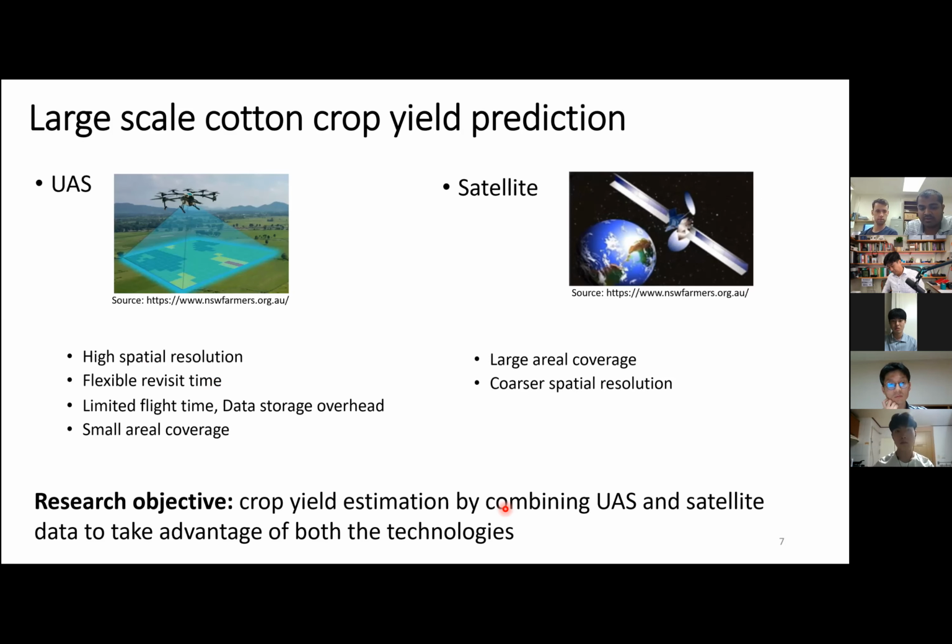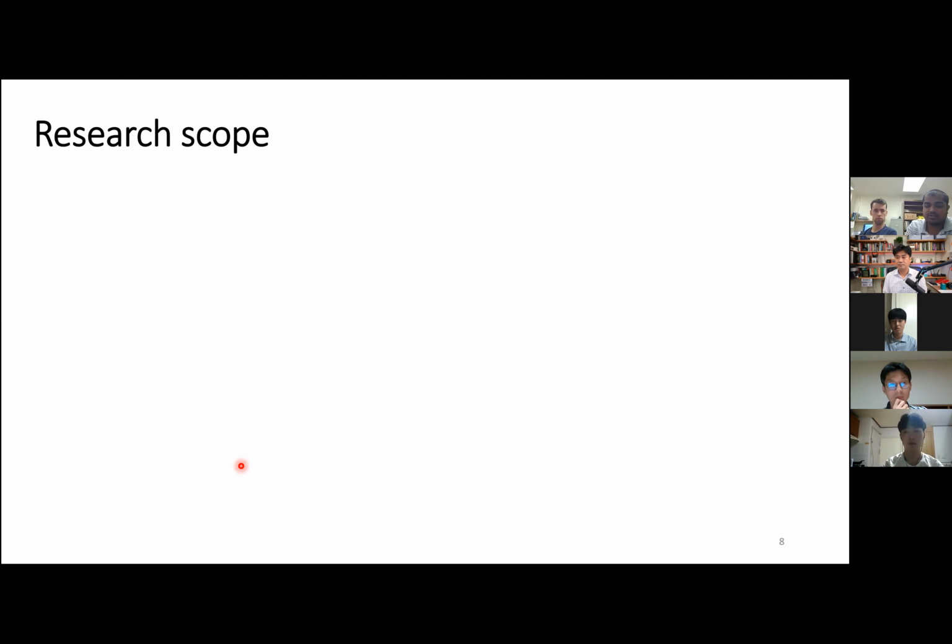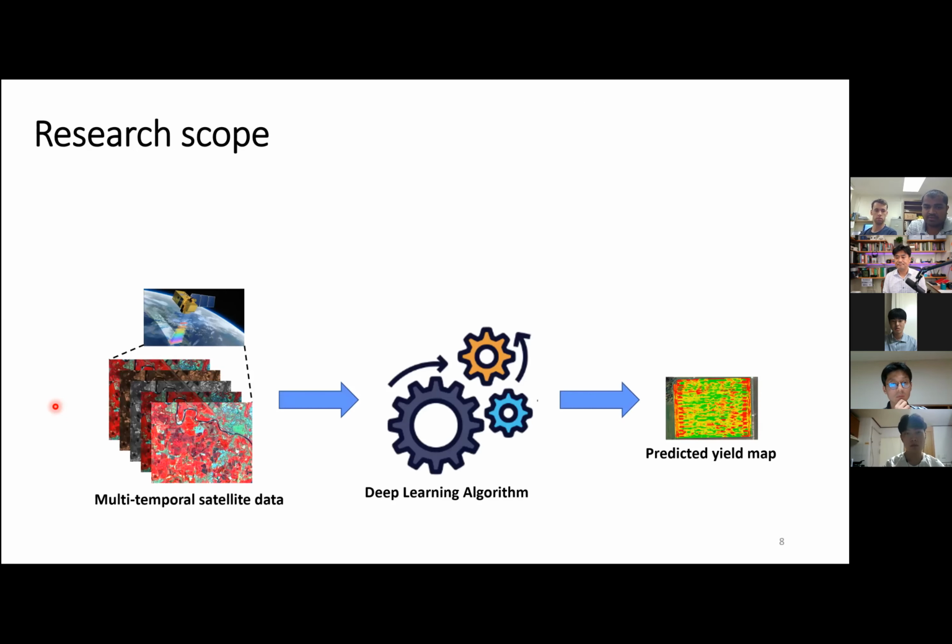So this is a gap we found, and the objective of this research is crop yield estimation by combining UAS and satellite data to take advantage of both technologies. The scope is to use multi-temporal satellite data and provide it to a deep learning architecture to predict the crop yield.